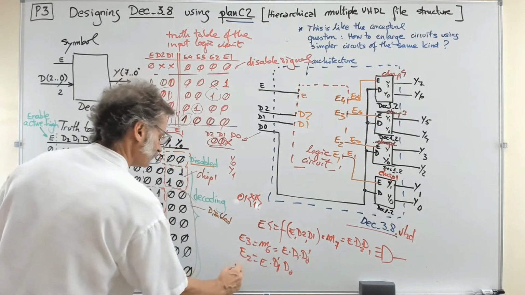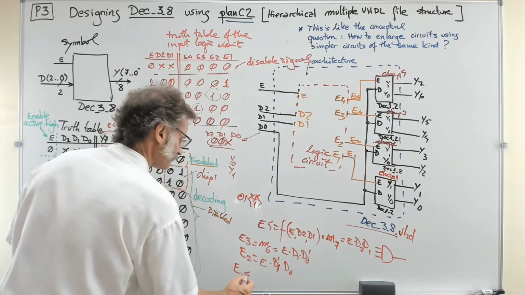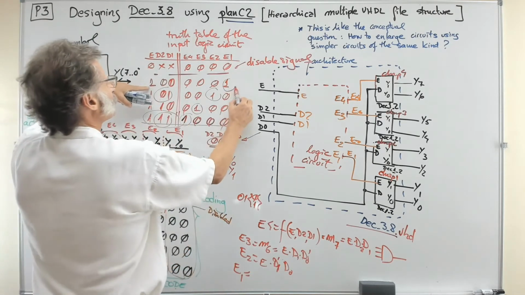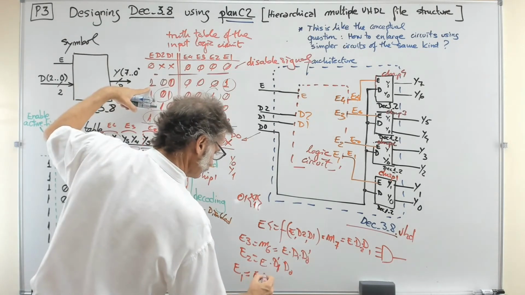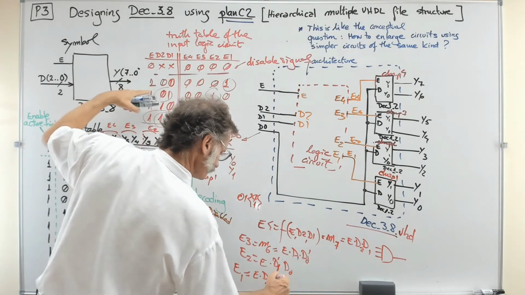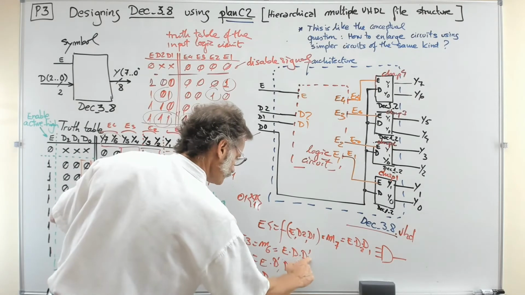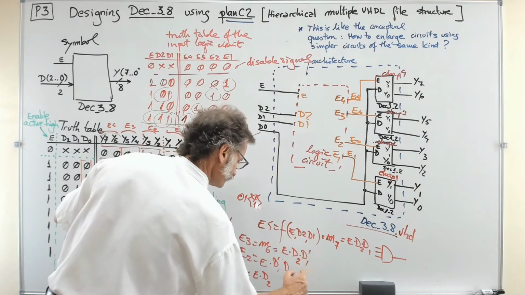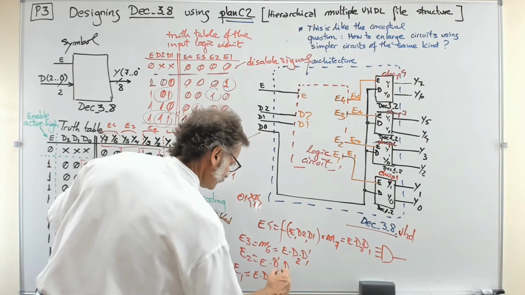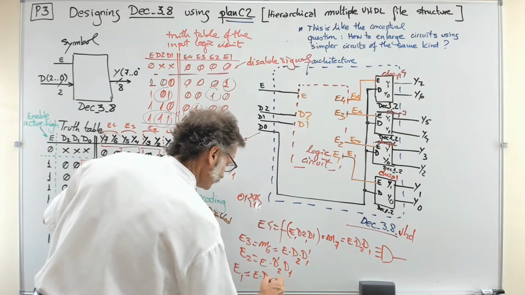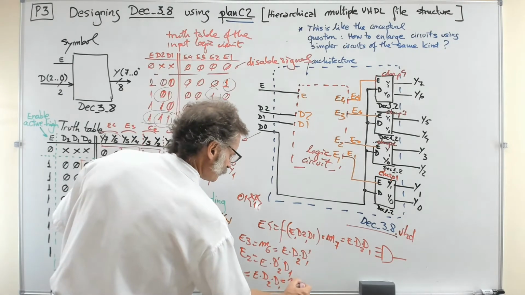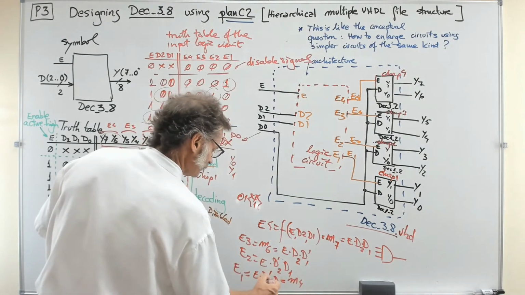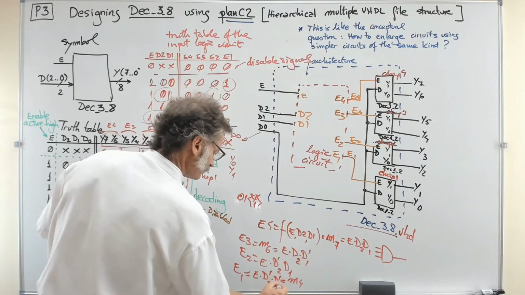And finally E1, exactly the min term 4, so it is E, D2, D1 not, D0 not. That's the function.